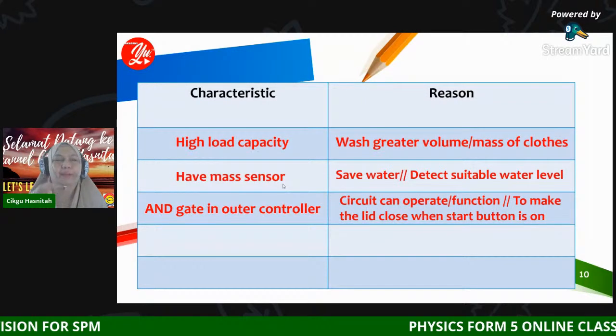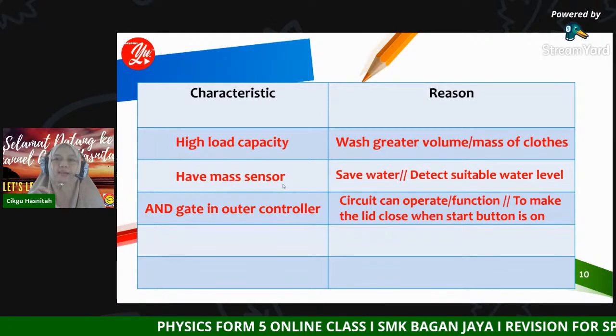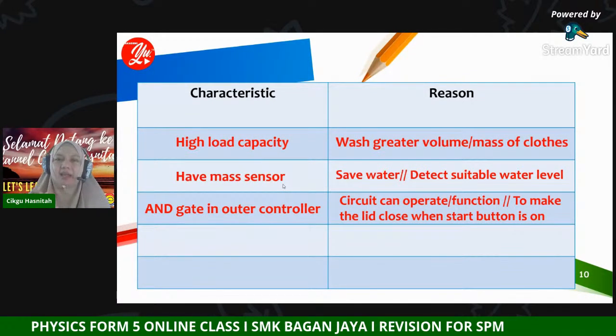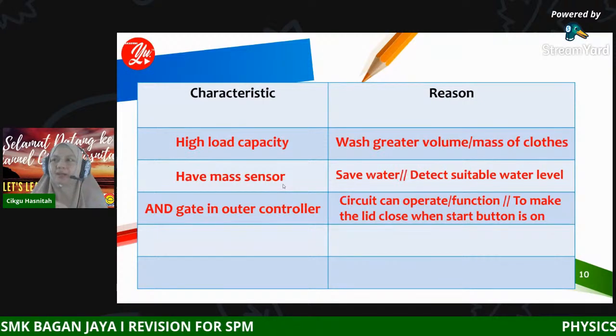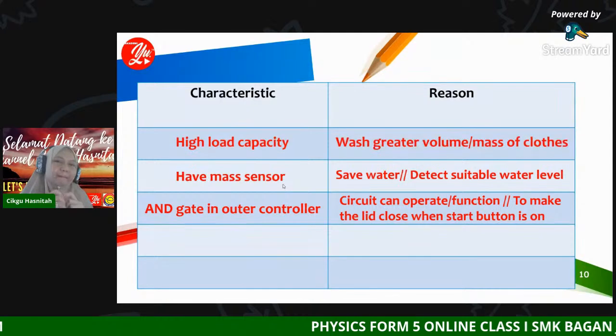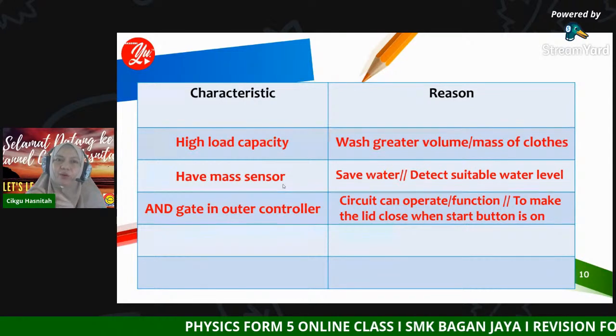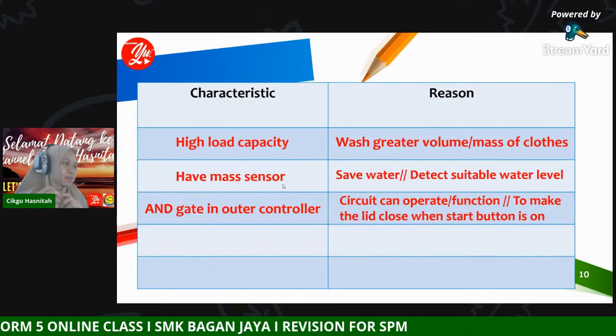So how about the inner controller? What type of gate, AND gate or OR gate? Now type your answer for the inner controller. For the auto controller, we use AND gate. How about the inner controller?